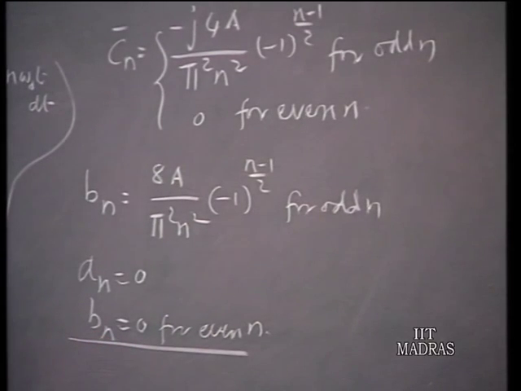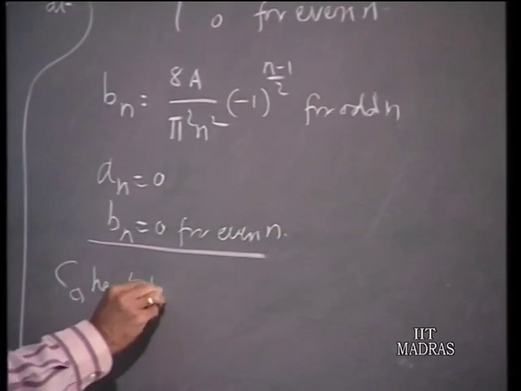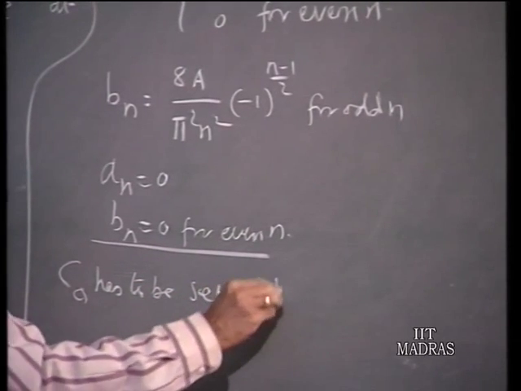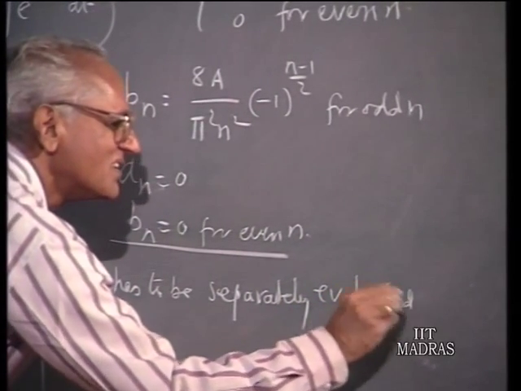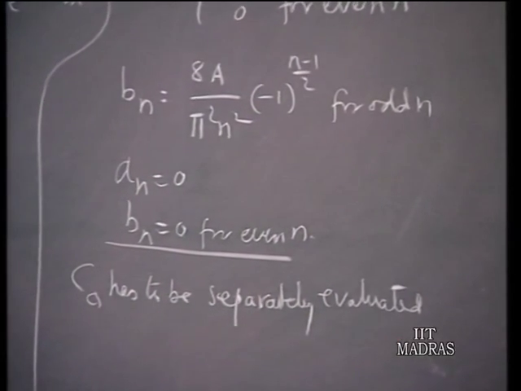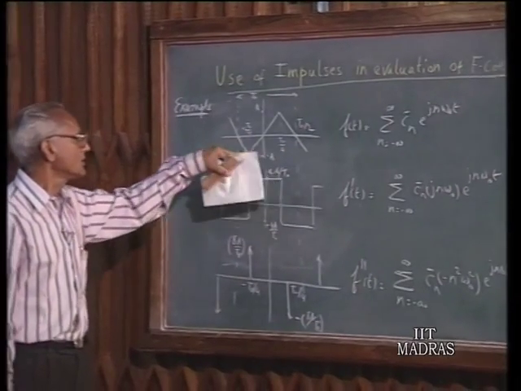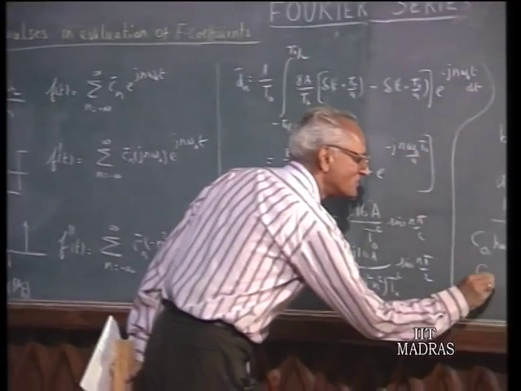and what about C naught? C naught has to be separately evaluated. I will explain in a moment. C naught for this waveform, because it has a 0 average in the original waveform, is 0.